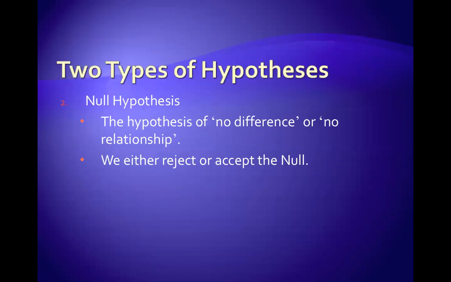Now, the null hypothesis, as you probably remember from your undergraduate days, is a hypothesis of no difference or no relationship, that there's going to be nothing to see here in terms of the results. And we either reject the null in a study, or we fail to reject the null.